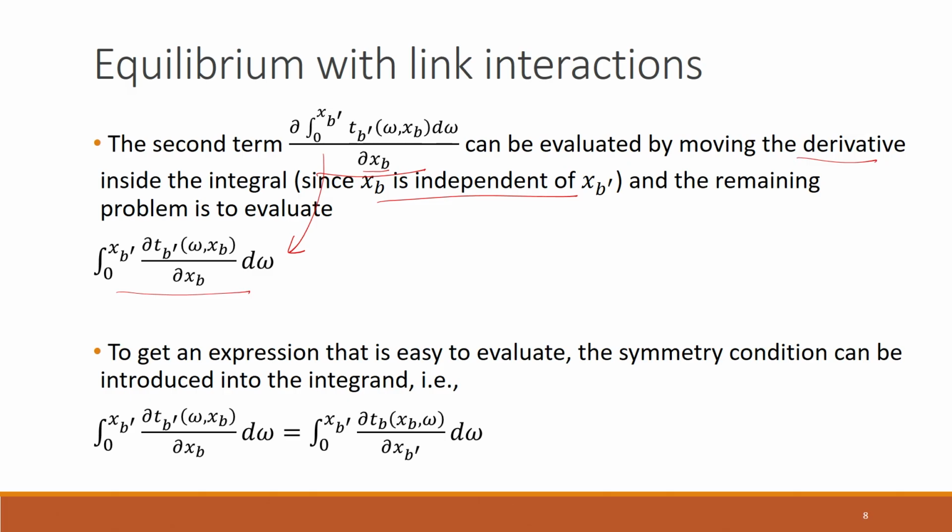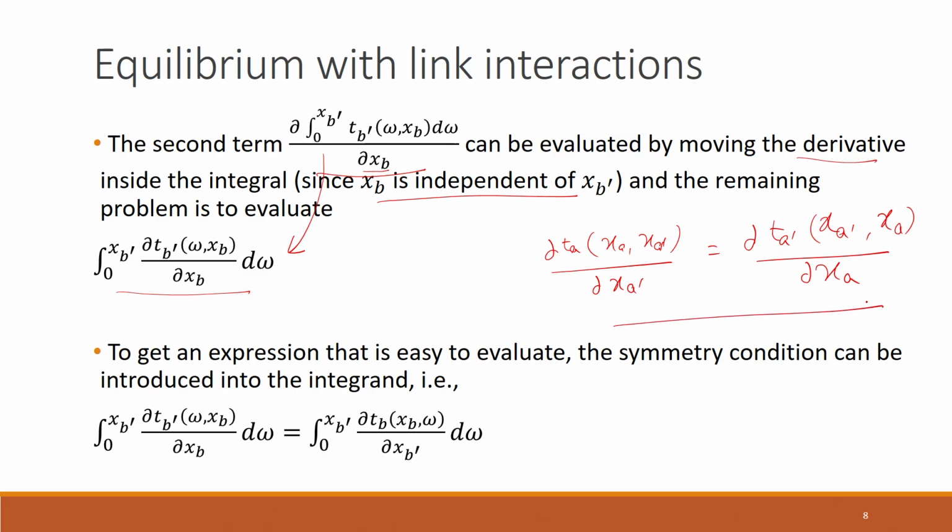If you remember, we had assumed that the partial derivative of the travel time on link A, which is a function of the flow on link A and the flow on link A dash, with respect to the flow on link A dash, is equal to the partial derivative of the travel time on link A dash, which is a function of the flow on link A dash as well as the flow on the opposite link, link A, with respect to the flow on link A. We will now use this equation.